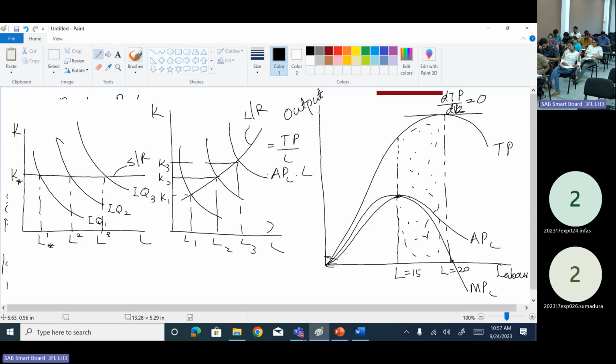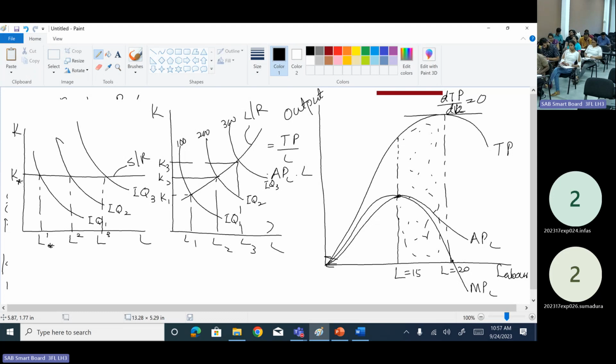That is the long run situation, with the higher level of isoquants, IQ1, IQ2, IQ3. This is 100 output, this is 200, this is 300. In the long run, the factor combinations change, and that explains long run production.